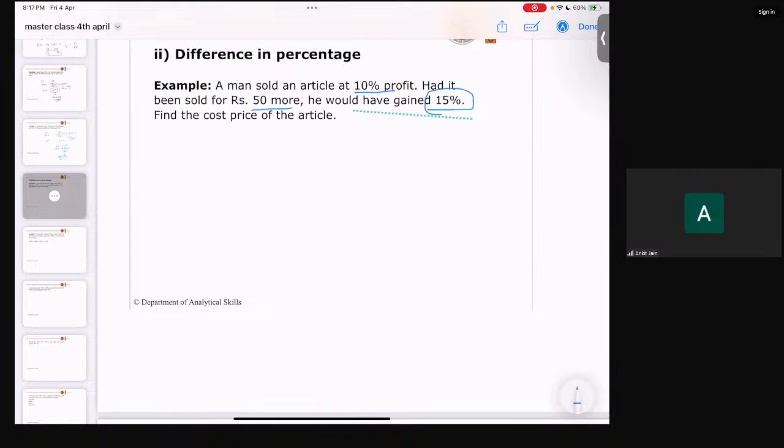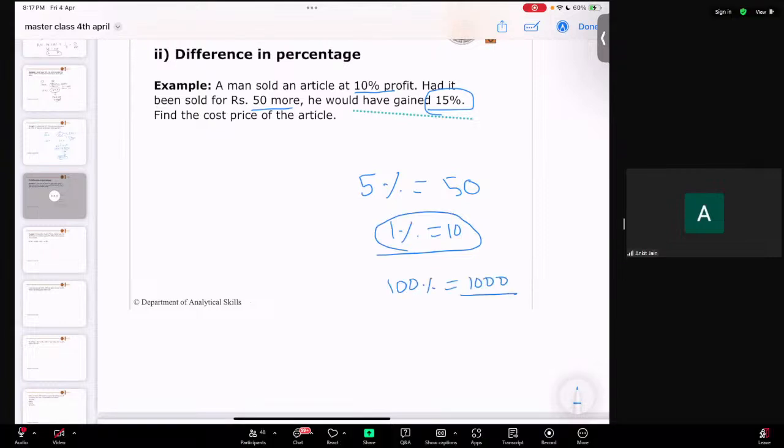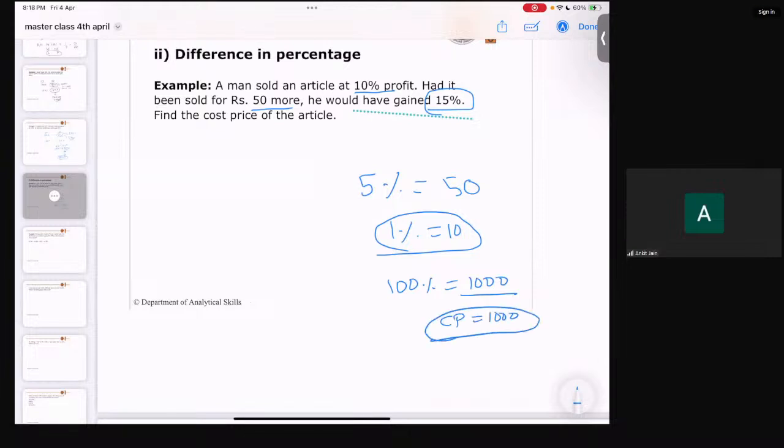Increase from 10 to 15 means that 5% is equal to 50, 1% is 10. So what is 100%? 100% is 1000, which means the cost price is 1000, because the profit is calculated on cost price.